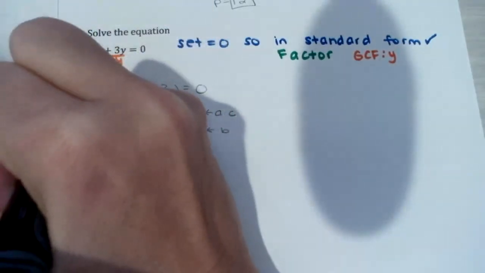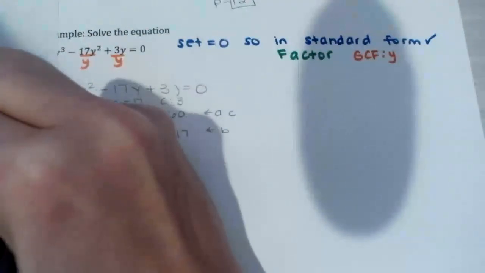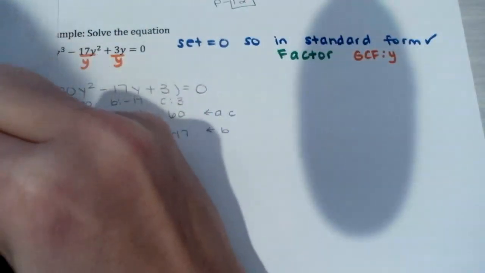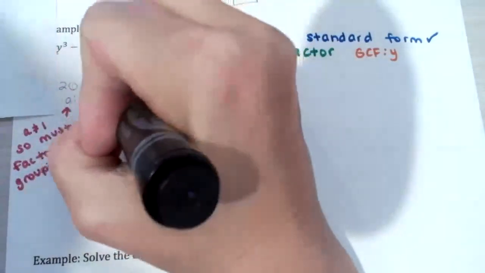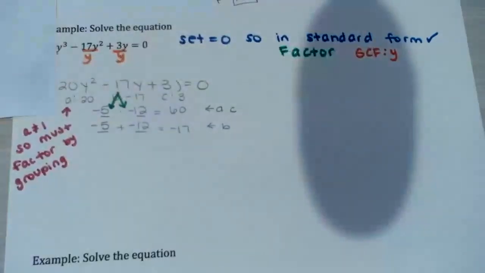Unfortunately, a is 20, a is not 1, so we must factor by grouping. That means we're going to use our numbers and our blanks to split up the middle negative 17y.